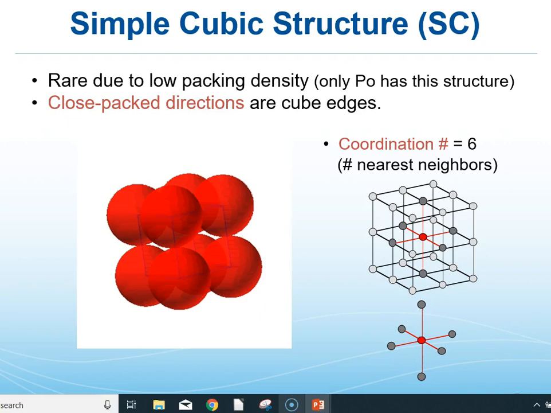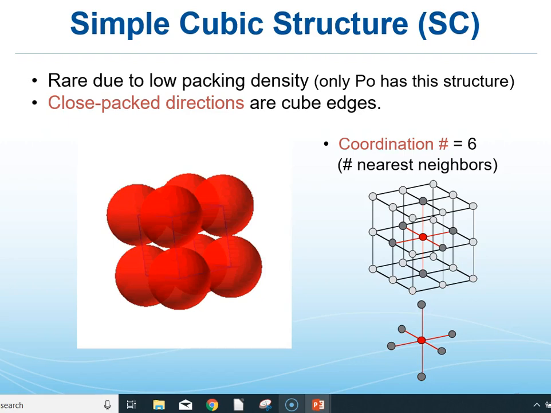Okay, getting into metallic type of crystal structures. There are basically four. Simple cubic, which is only one material that we know has it, at least as a single element, and then the big three, body and face-centered cubic, and hexagonal.